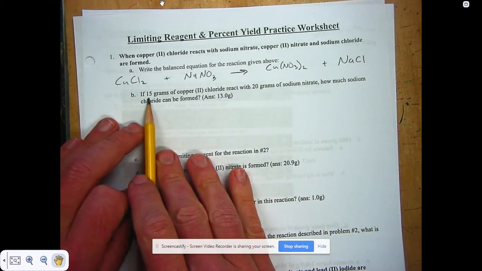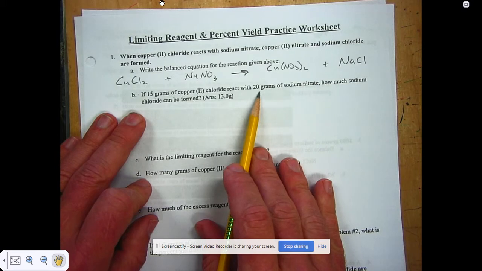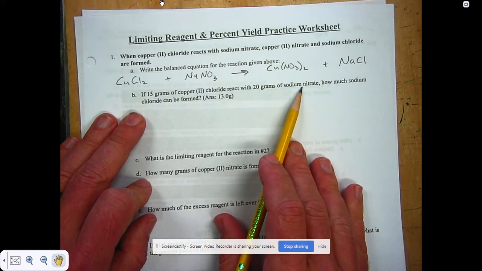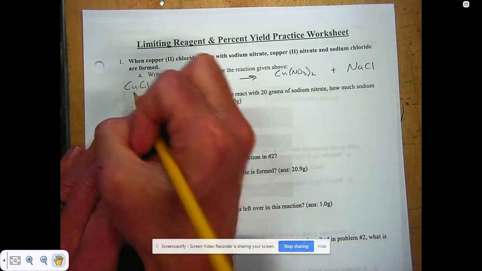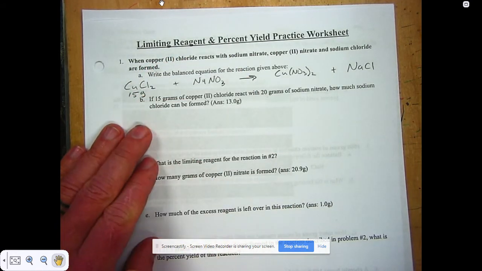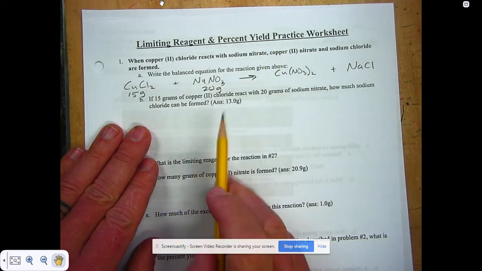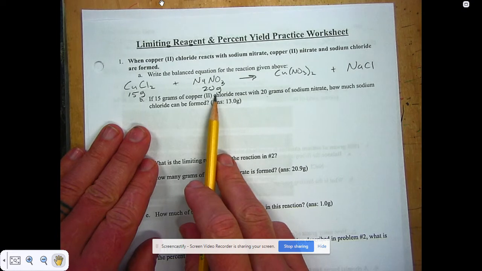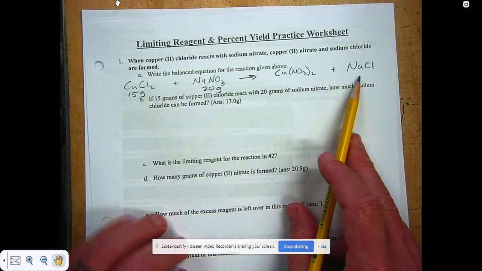It says if 15 grams of copper 2 chloride react with 20 grams of sodium nitrate, how much sodium chloride can be formed? So they're saying that we have 15 grams of this copper 2 chloride and we have 20 grams of this sodium nitrate, and it's asking us how much of this sodium chloride can be formed.